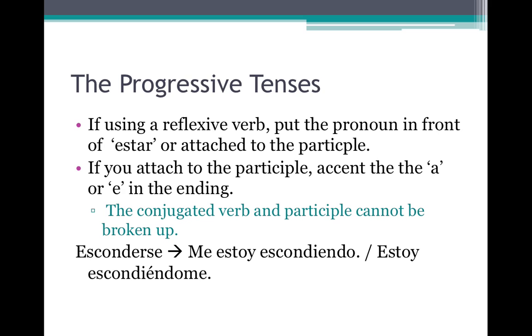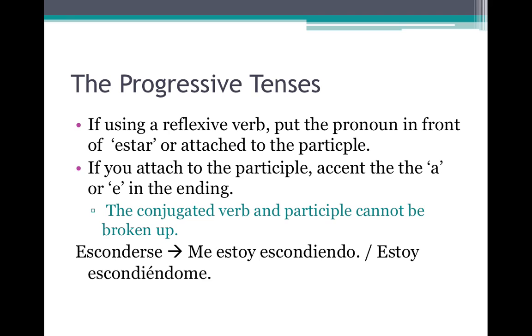Keep in mind you can't break up that conjugated verb estar and that participle. You can't put it in front of the participle. Here's your example. Esconderse. I'm hiding myself, like right now. So you're hiding from a robber under your table and you call 911. You're saying, I'm hiding right now. You could say, me estoy escondiendo. The reflexive pronoun me goes in front of estar, the conjugated verb.